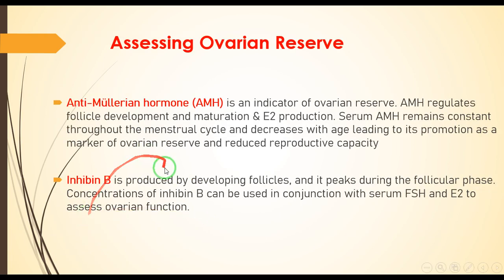The other hormone that can be used in the assessment of the ovarian reserve is the anti-Mullerian hormone. This hormone regulates the development and maturation of the follicle, and also assists in estradiol production. So if the level of the anti-Mullerian hormone is low, it is associated with poor reproductive outcome and poor ovarian reserve.